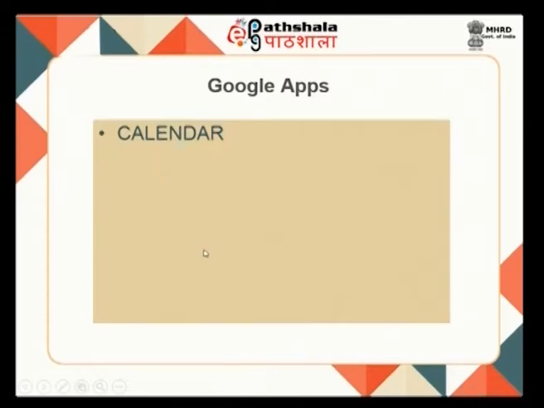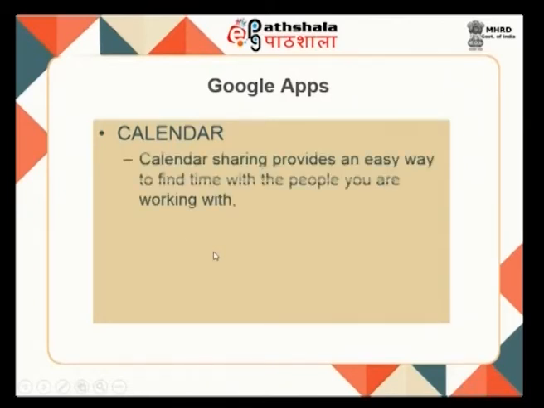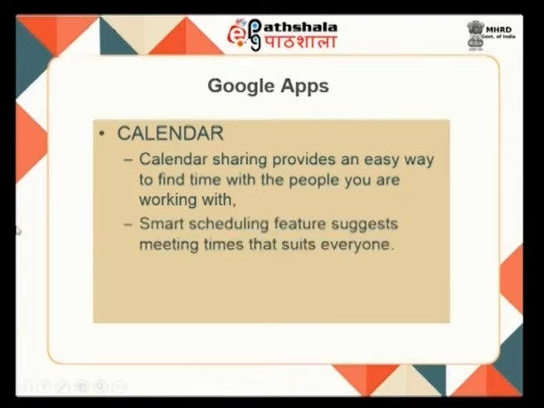The next app is Google Calendar. Google Calendar allows users to share in an easy way with other people the nature of your work, and scheduling is possible. It is a very important feature which can suggest the meeting time that is suitable for multiple people who are using the Google Calendar.